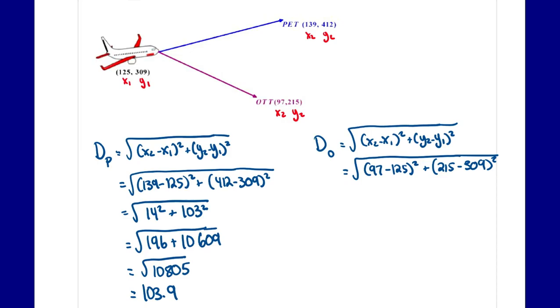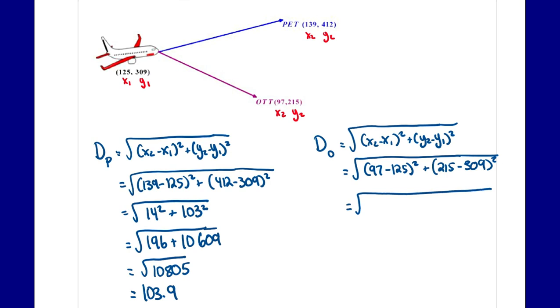Technically, Ottawa should be behind it, and that's true. This is just for reference, to visually see the different line segments. If we wanted to be accurate, that Ottawa point would be behind the plane, so the plane is either turning around or going forward. But we're just looking for the distances, so I just wanted to visually see the two distances.